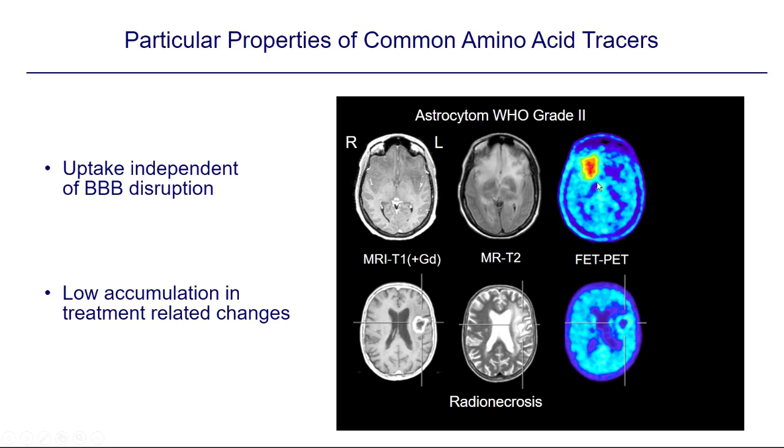This example demonstrates that the uptake of radiolabeled amino acids is independent of a disruption of the blood-brain barrier. On the other hand, a disruption of the blood-brain barrier per se, as shown in this ring-enhancing lesion caused by radionecrosis, does not lead to increased amino acid accumulation, so that treatment-related changes can be better differentiated from recurrent tumor compared with MRI.